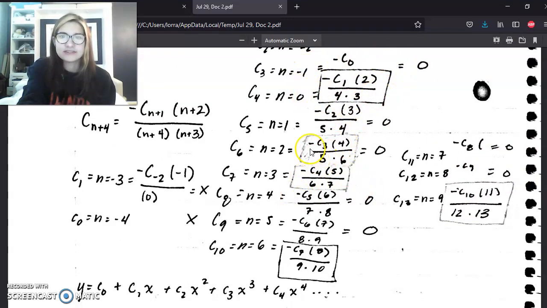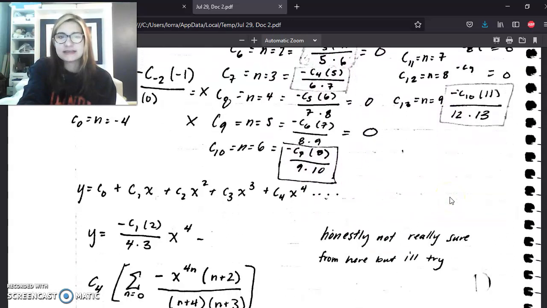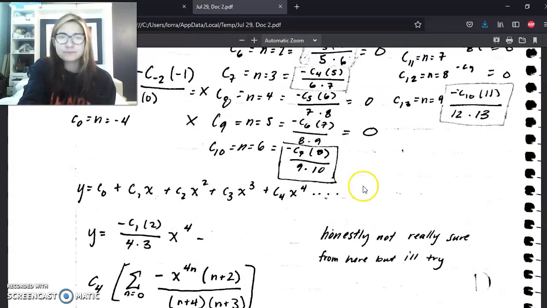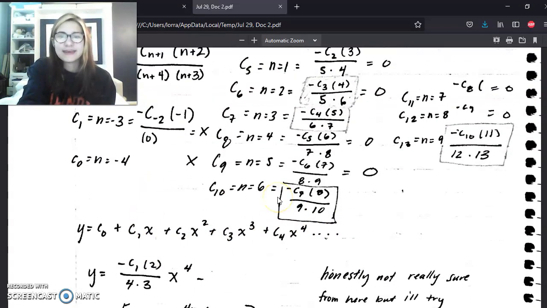these boxed equations, not c6, but c4, c7, c10, c13. And if I did this right, what you're supposed to do after that is plug it into the y equals equation, and then you have to see the pattern within it.